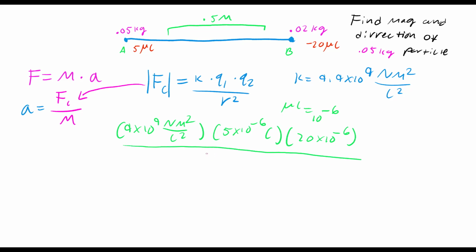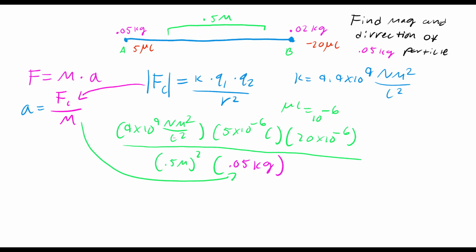Alright, so after that, I'm going to put the distance, so that's 0.5 meters, square that, and then I'm going to put the m over here. So the m will be 0.05 kilograms. Notice that it has to be kilograms, not grams. I converted the units. Usually when you're doing physics, you're going to be working with kilograms, meters, seconds, right? So be careful with that.